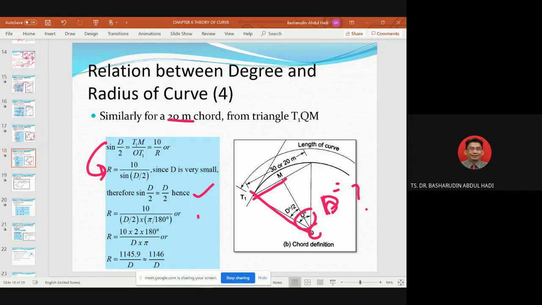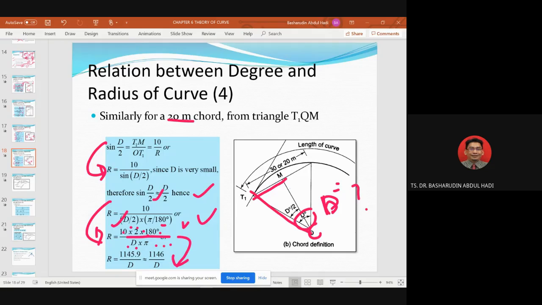Hence, our radius R is equal to 10 divided by D over 2 times pi divided by 180 degrees. So we change this to the formula R equals 10 times 2 times 180 degrees divided by D times pi.